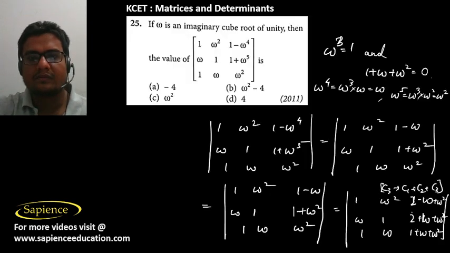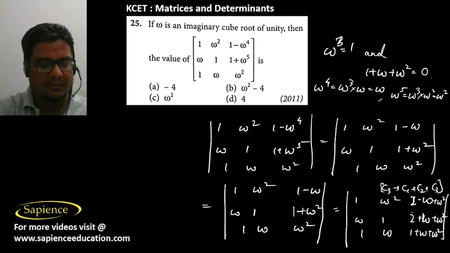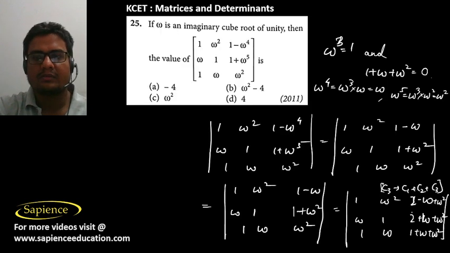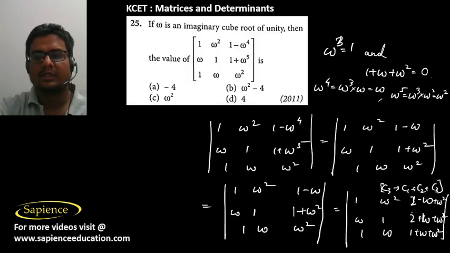So that will be equal to the determinant of 1, omega square and 2 minus omega plus omega square. So this we can write as, 1 plus omega square is minus omega.